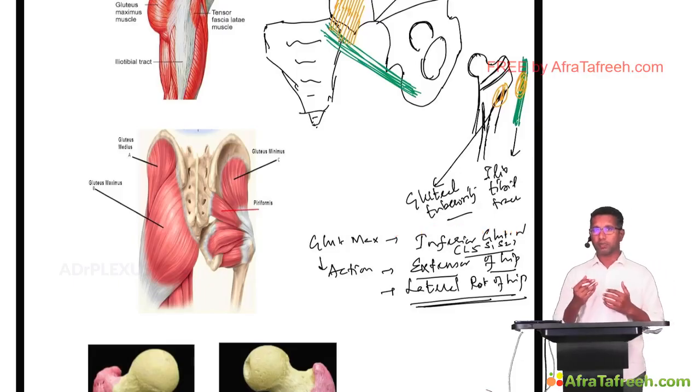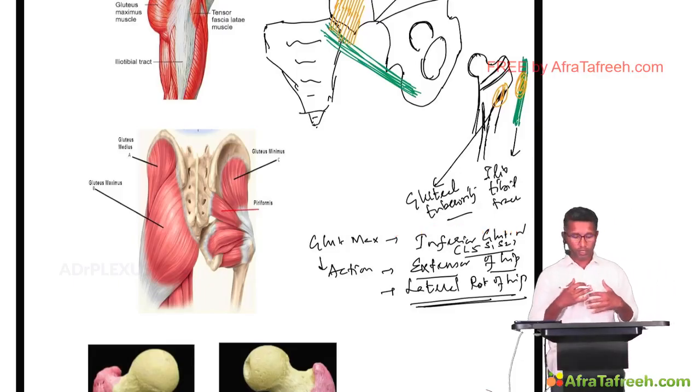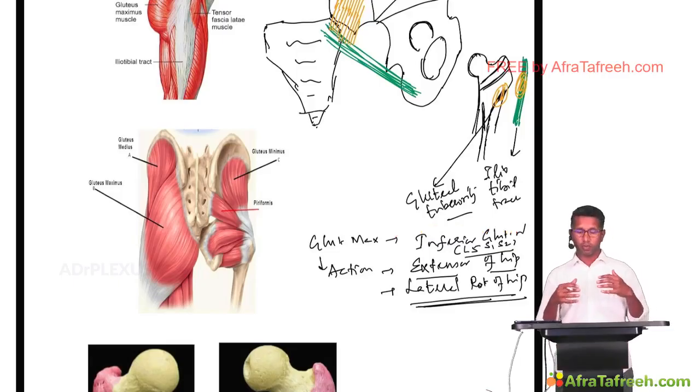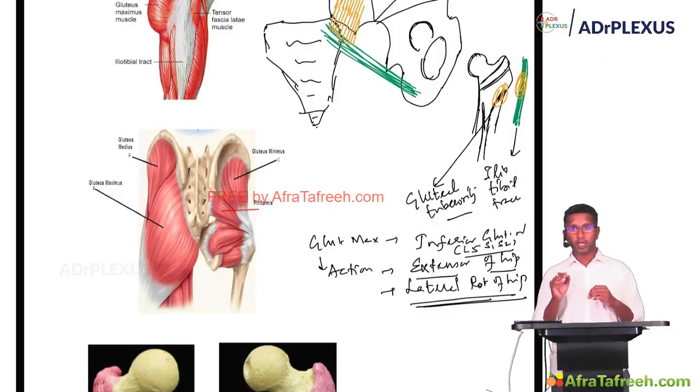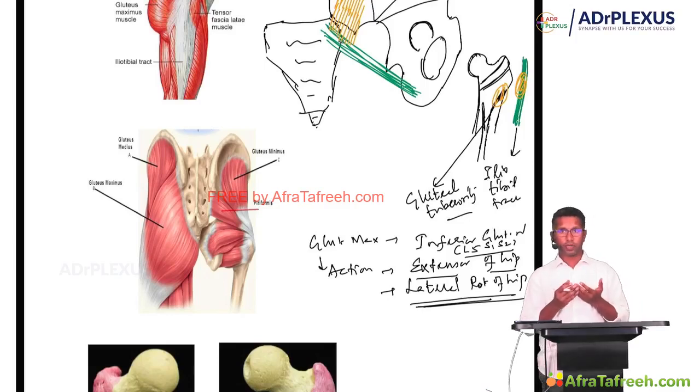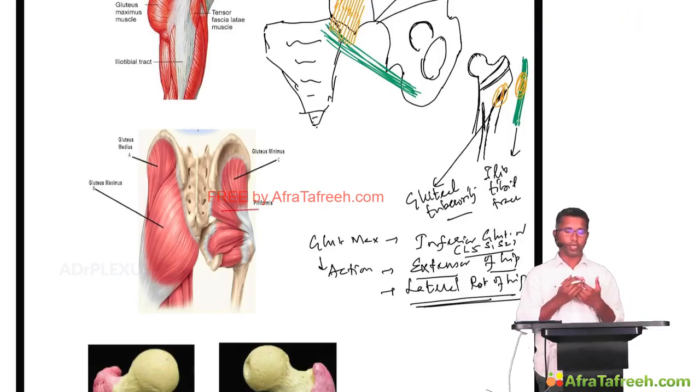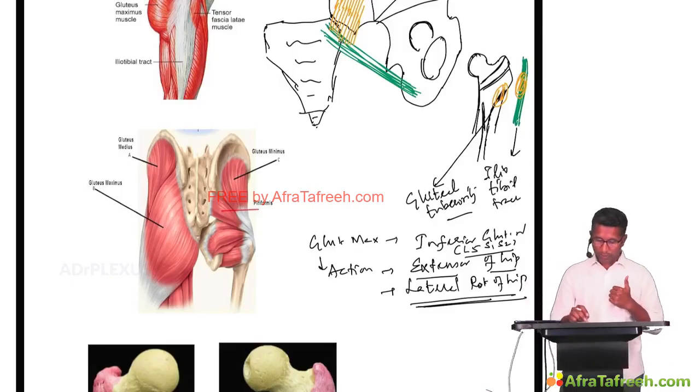If the gluteus maximus doesn't work, then the patient will climb on himself. He will hold the knee and slowly get up. So that is the importance of the gluteus maximus muscle.